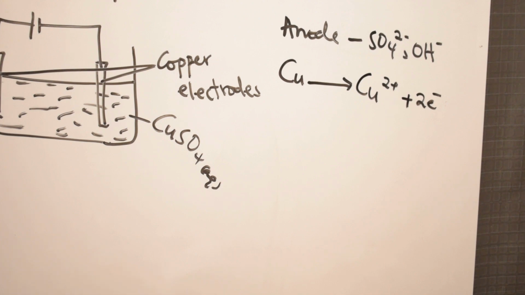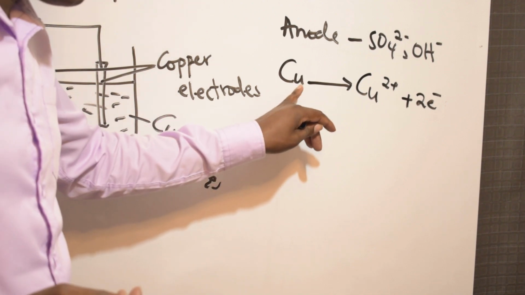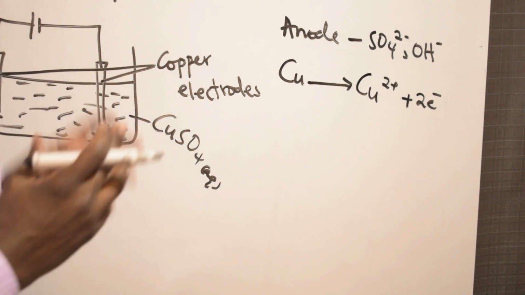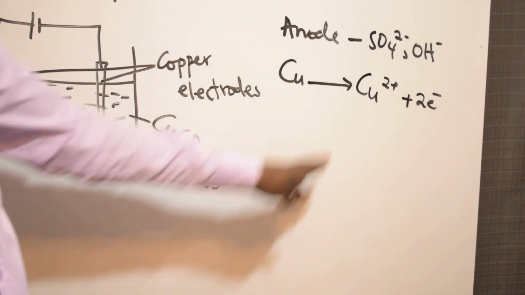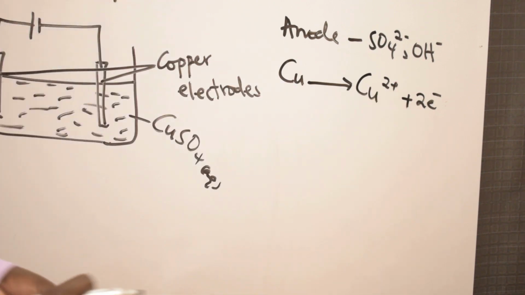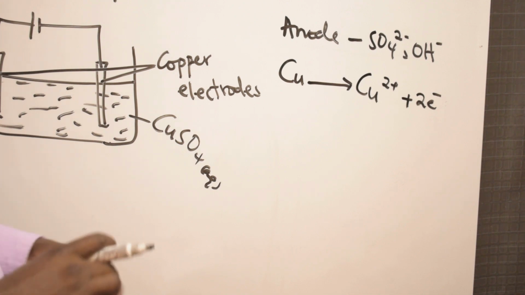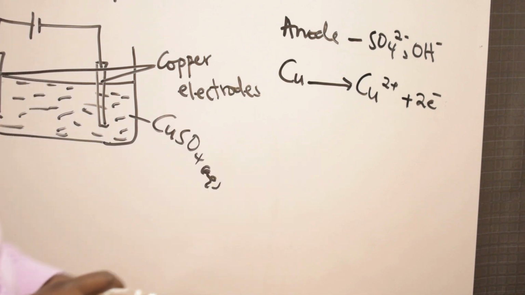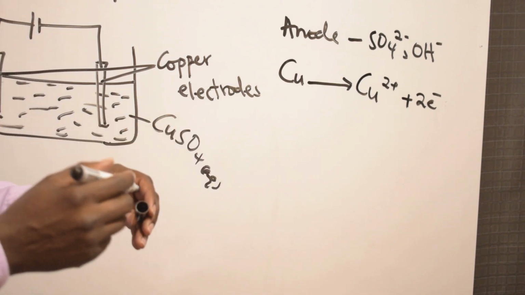So in other words, what you're going to observe here is that the copper will actually be dissolving. We are going to see this copper dissolving as it releases copper ions into the solution, and of course releasing electrons. Now this is a very important theory when it comes even to purification of metals.